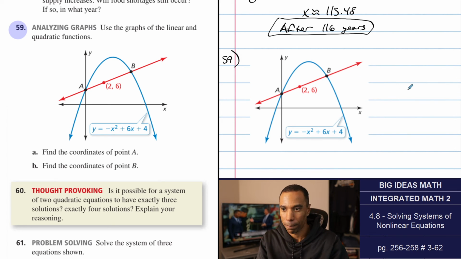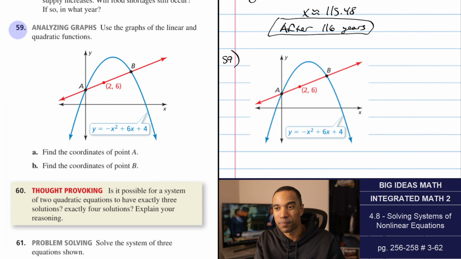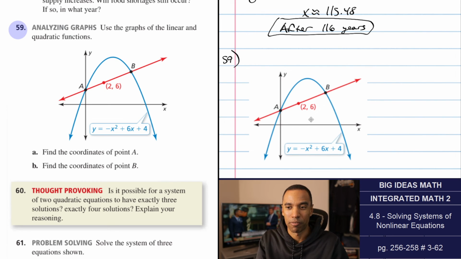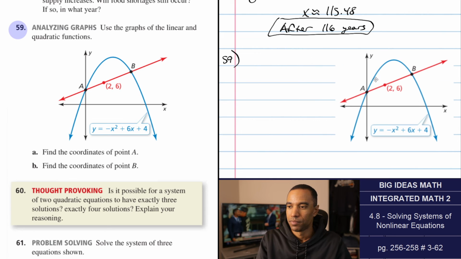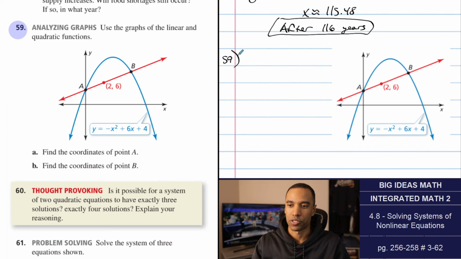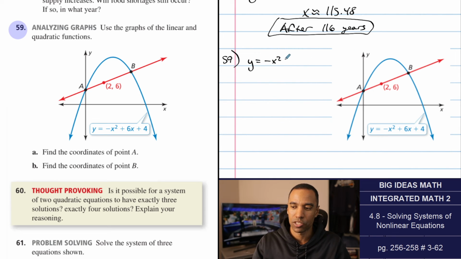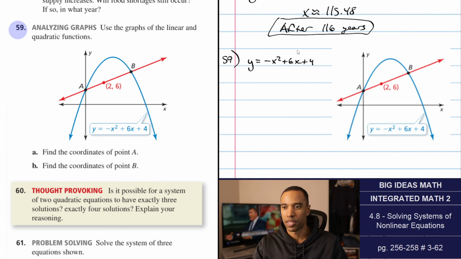Well, okay. I'll tell you what. Remember that method I was talking about before? I wonder if this will work. That might work here. Okay, so I have two equations. I have y equals negative x squared plus 6x plus 4. And I have to make another equation. Oh, let me put that in blue. And then I'll do another one in red here.